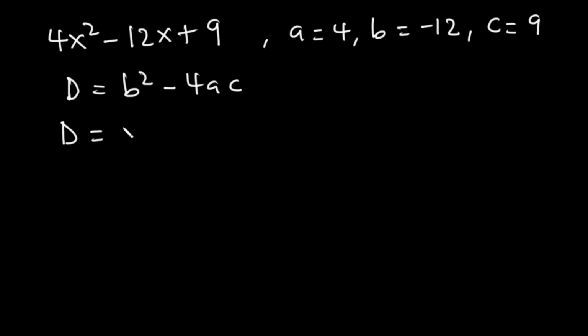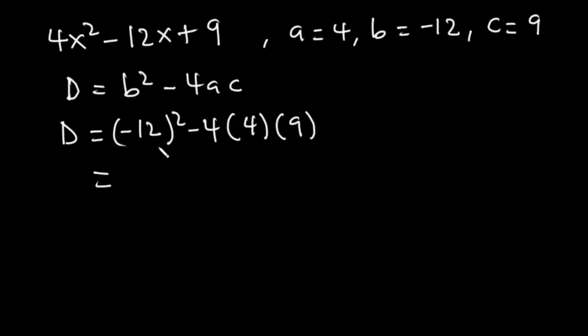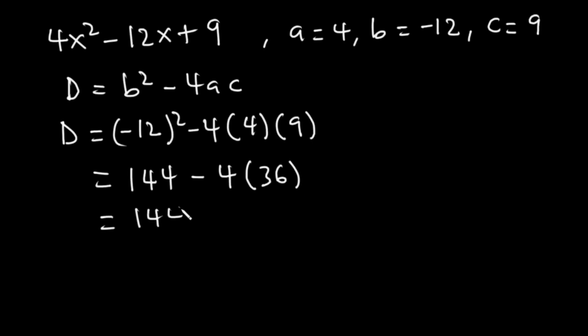So d is equal to negative 12 squared minus 4, and then a is 4 and c is 9. Negative 12 squared is 144. 4 times 9 is 36. 4 times 36 is 144.